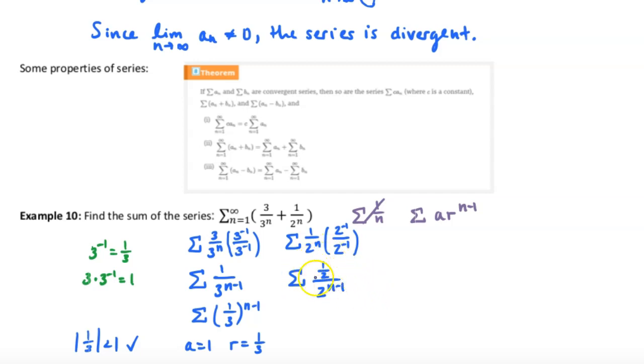And remember, just like I would with an integral, I can pull a coefficient out to the front of this summation. So I can pull this 1/2 out to the front of this summation. And I can write this as 1/2 times the sum of 1 over 2 to the power of n minus 1. I really didn't need that parenthesis there.